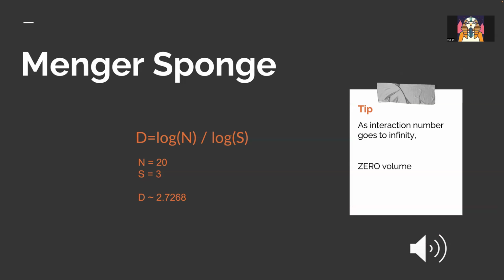After removing the center of the cubes for each face and in the middle of the cube, we have 20 cubes left. So N equals 20 and S equals 3 because we subdivide each face into a 3 by 3 grid. Doing the calculation, the dimension equals 2.7268.